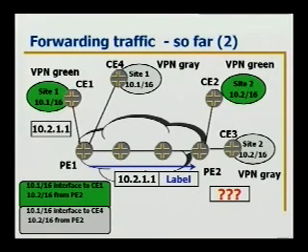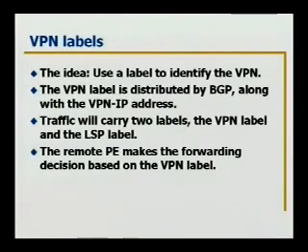In the routing plane, we had these communities that would identify which VPN the route advertisements belong to. In the forwarding plane, we don't have the equivalent. So the idea is like, okay, why don't we use a label in order to identify the VPN? Let's see what would happen if we had a label. But first, let's say how the label is advertised.